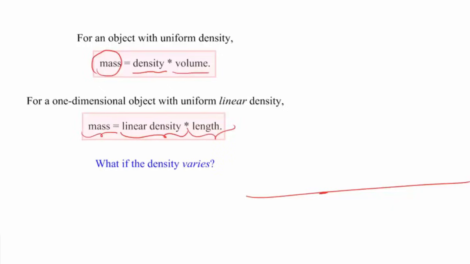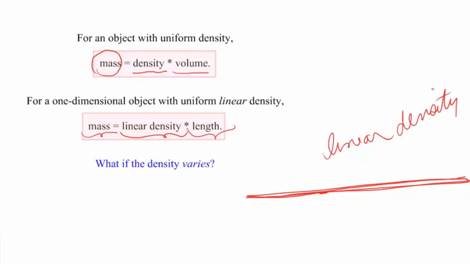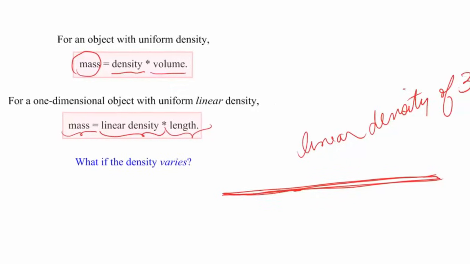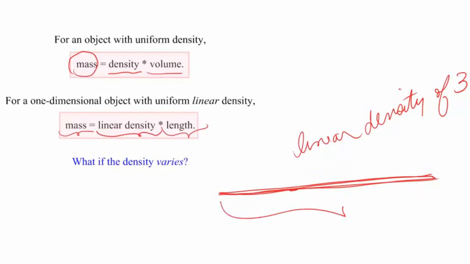So for example, say you have this piece of wire here, it has a linear density of 3, and it has a length of 5, then it could have a mass of 3 times 5, or 15. Now that was really basic and without even worrying about units, but that's kind of the idea.